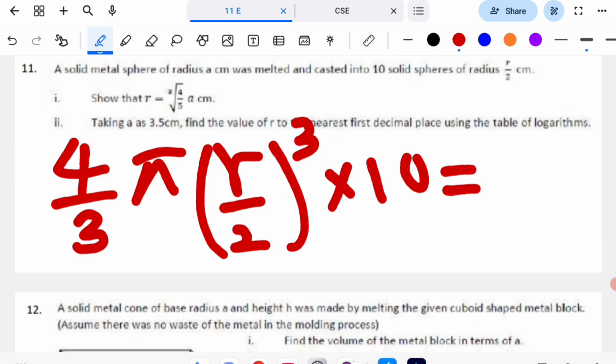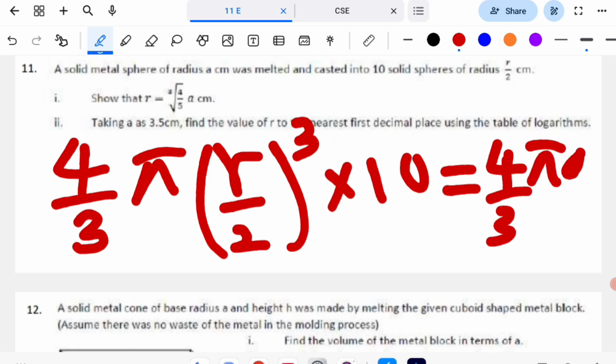It means a sphere of radius a, 4 over 3 π a cubed. Now we can cancel out 4 over 3 π on both sides.